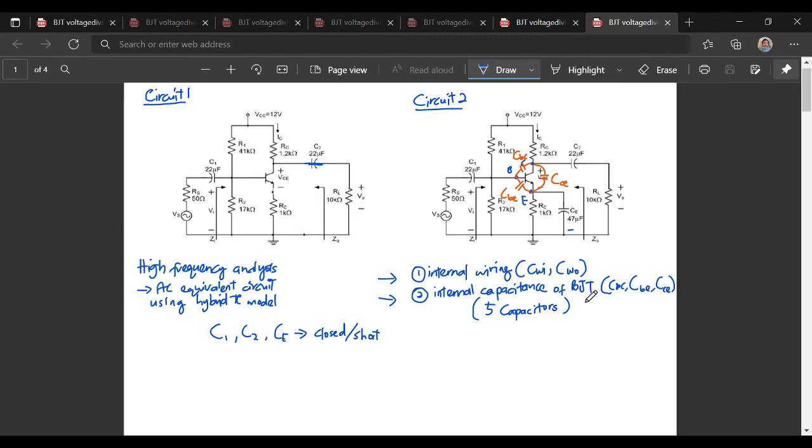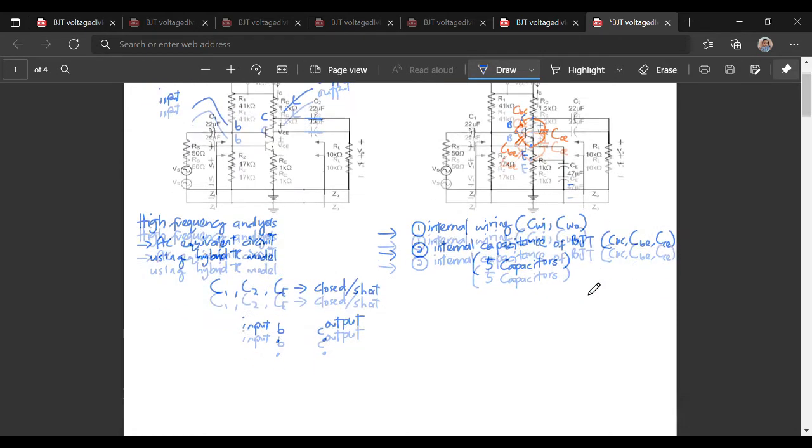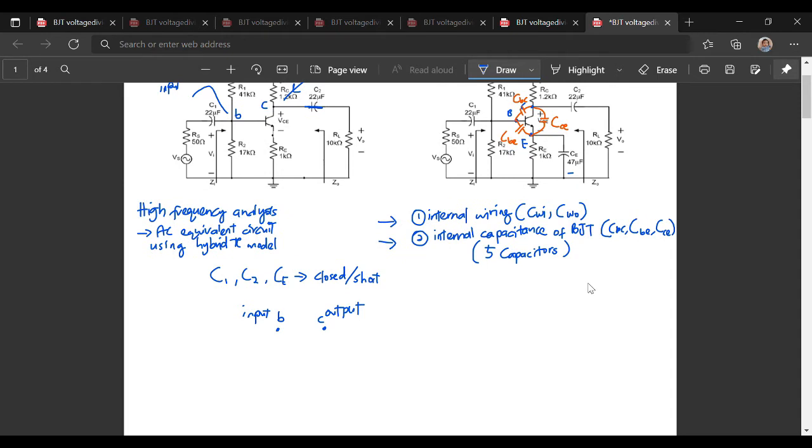Okay, so now we need to draw the AC equivalent circuit for high frequency analysis. Same as in the previous step, firstly we need to know where the input is and where the output is. So for the circuit, the input is at the base, the output is at the collector. And then there is another terminal for the BJT, the emitter.